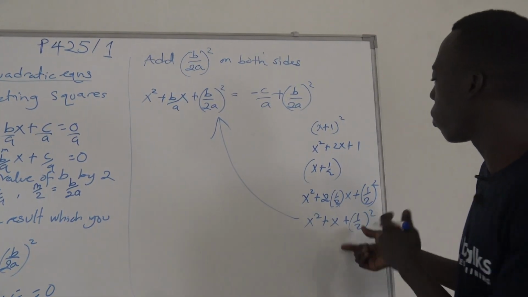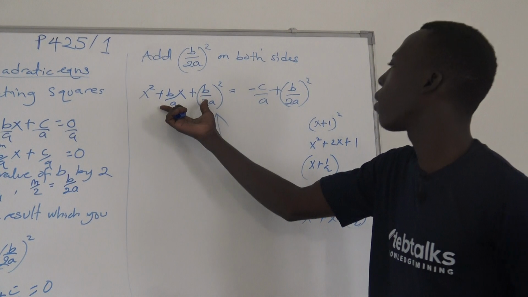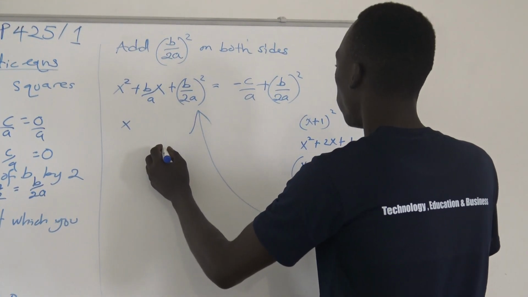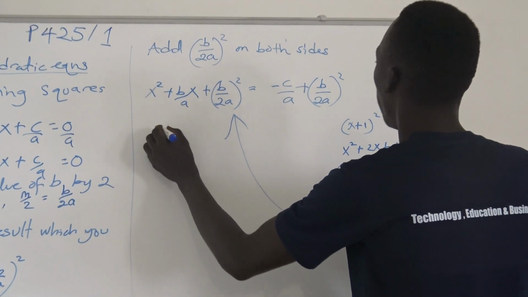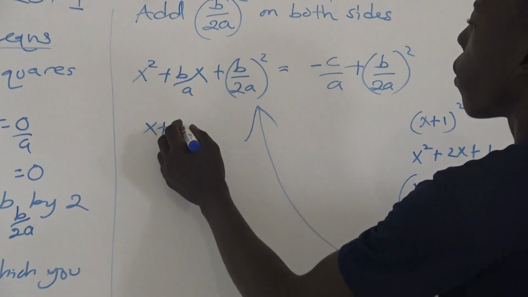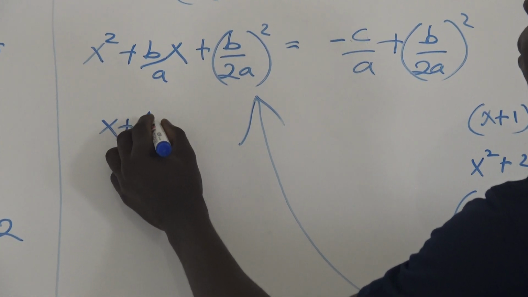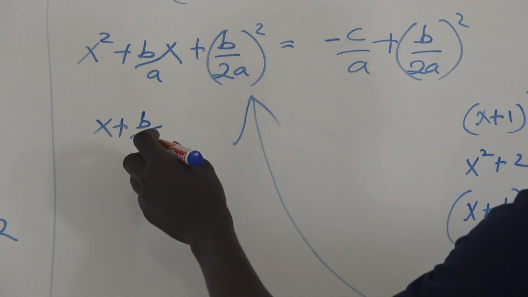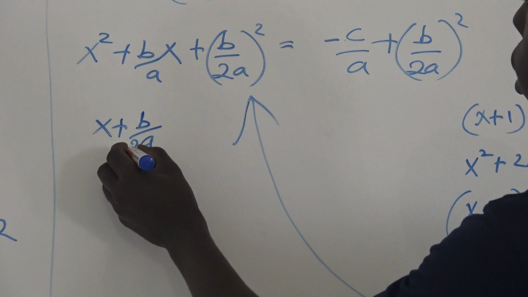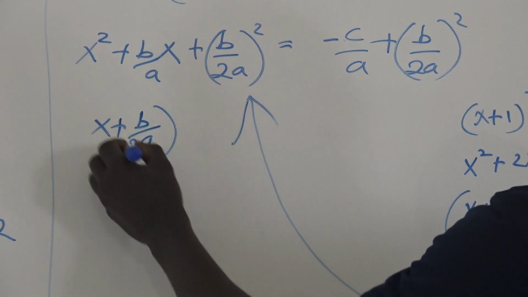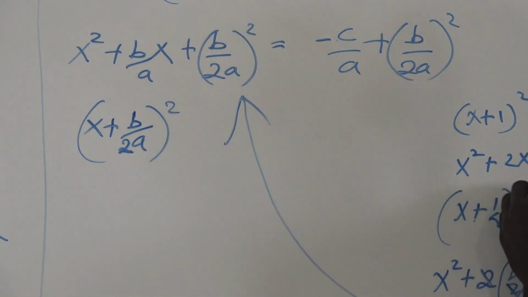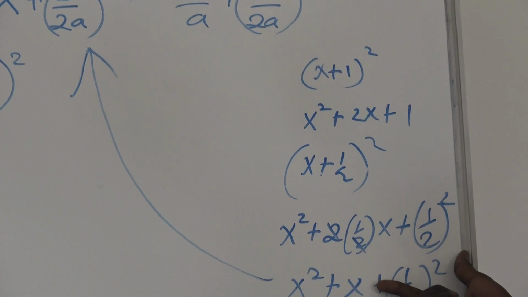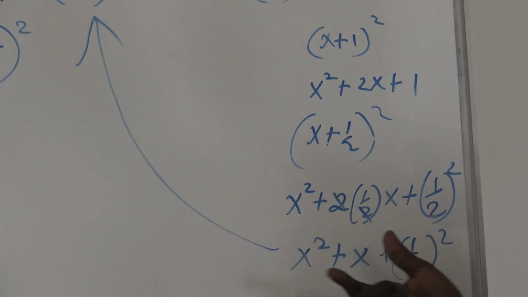If you try to relate the two, you find that this one is an expansion of x plus b out of 2a, by the whole thing squared. From what we have seen here, when you square this one, we get something like this, then continue.